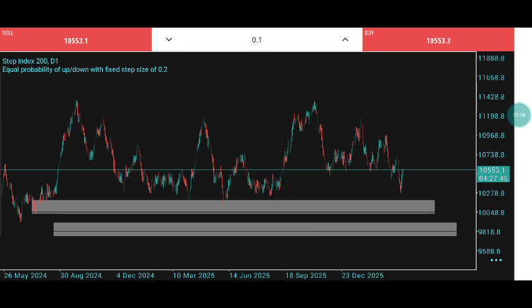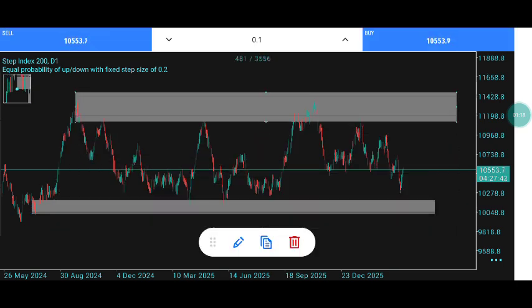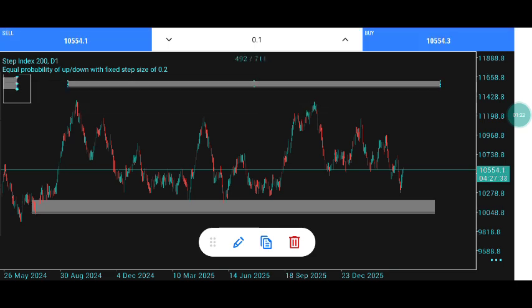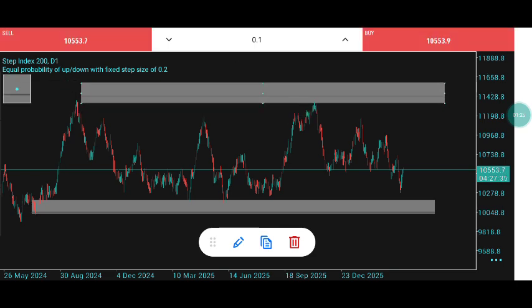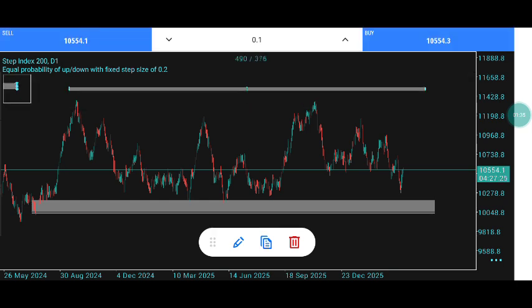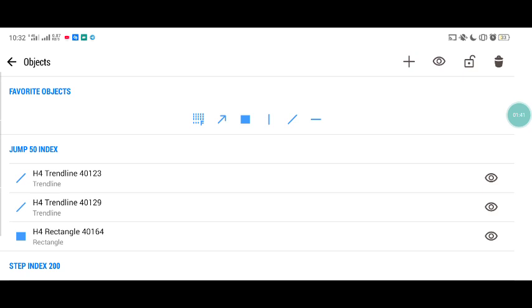And if you look here on the top, we have a very strong supply zone or a very strong resistance zone. Price has failed to break beyond this level going up. So price is basically playing between these two regions.